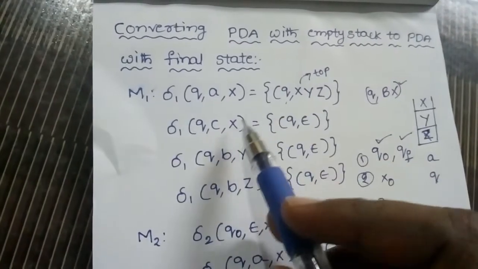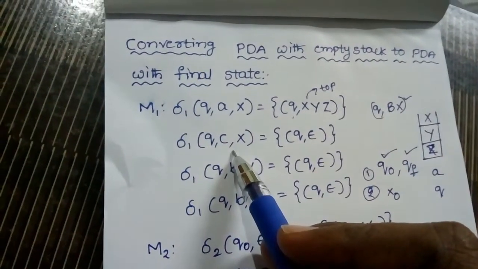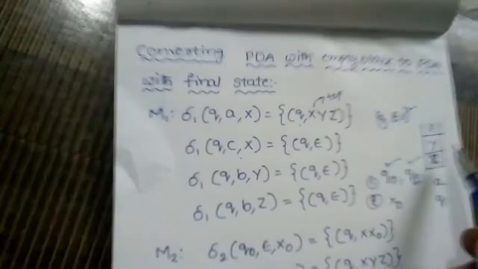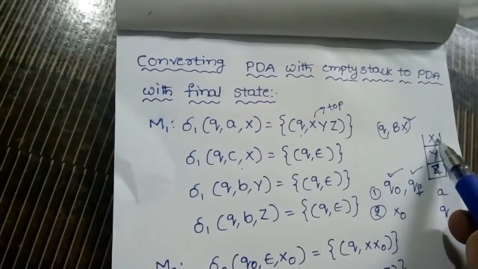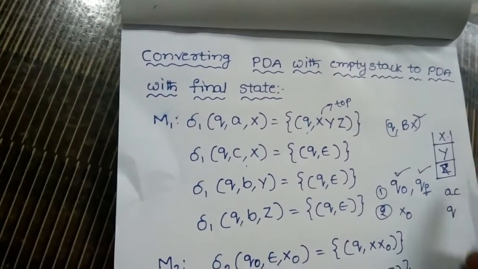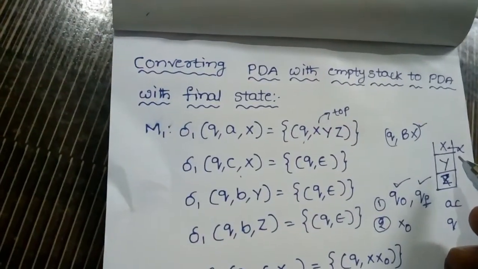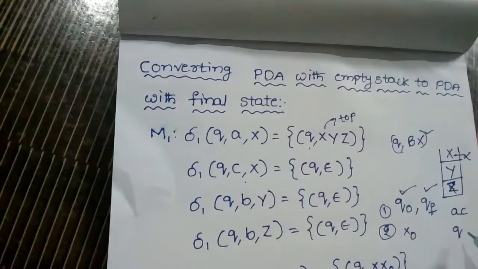If the present input symbol is C and the top of the stack is X, then we are deleting X, and the next state is Q only.